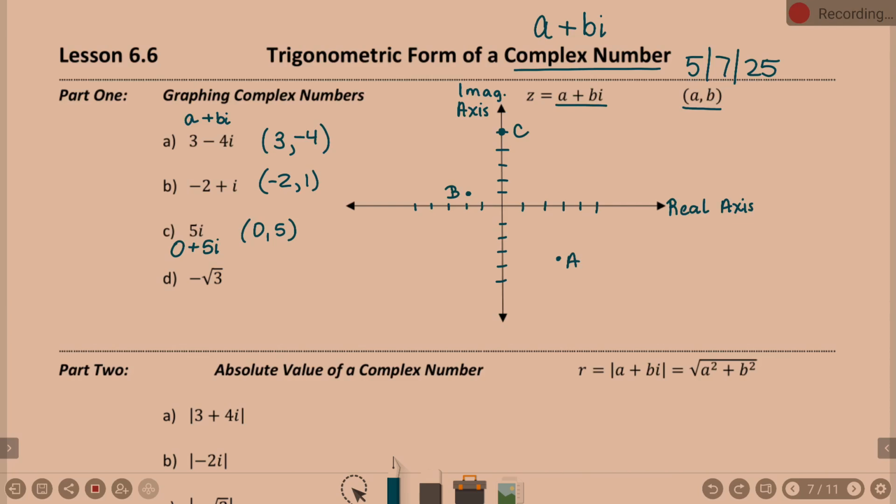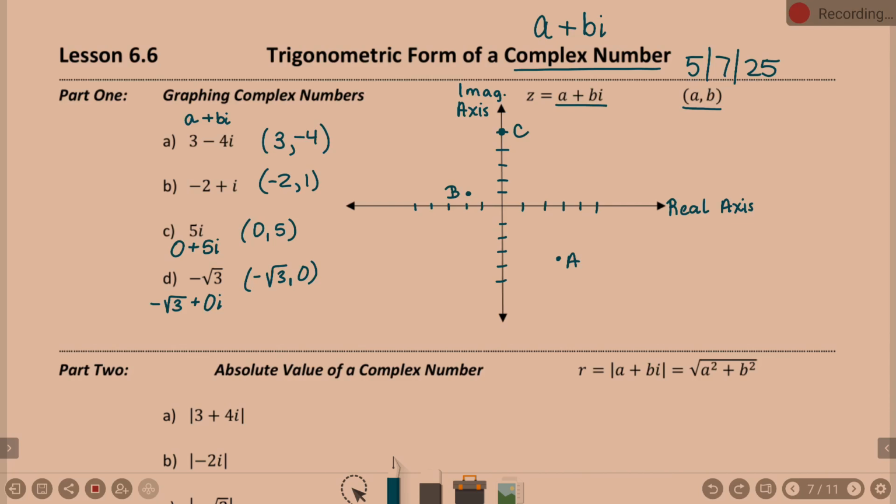And if you're thinking about a plus bi form, it's negative square root of 3 plus 0i. So it is negative square root of 3, comma 0. Do you know the square root of 3? Do we know that estimate? Because you're going to need an estimate to graph this. Square root of 3 is approximately 1 point.